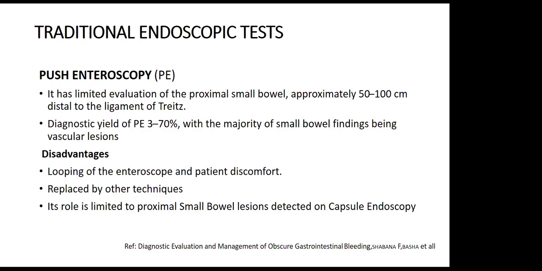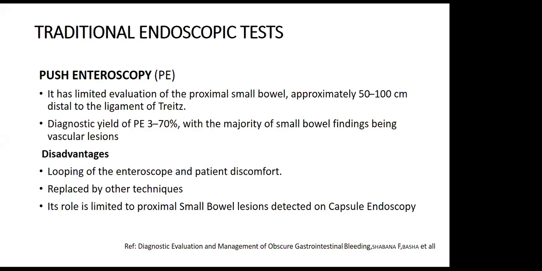Push enteroscopy is an endoscopic procedure in which the scope is flexible and passed through the mouth, and we will examine approximately 50 to 100 centimeters distal to the ligament of Treitz, and the diagnostic yield of push enteroscopy is around 3 to 70%.